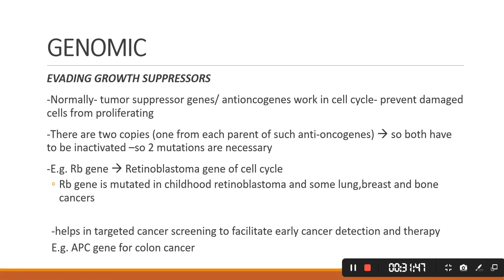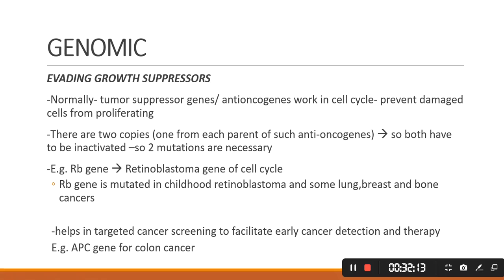Some tumor cells acquire that capability, and they can suppress both copies of the RB gene on the chromosome. So the RB gene is mutated, and because of that, the malignant cells which were not supposed to proliferate keep on proliferating, and they can cause tumors like retinoblastoma or lung, breast, or bone cancer or anything.